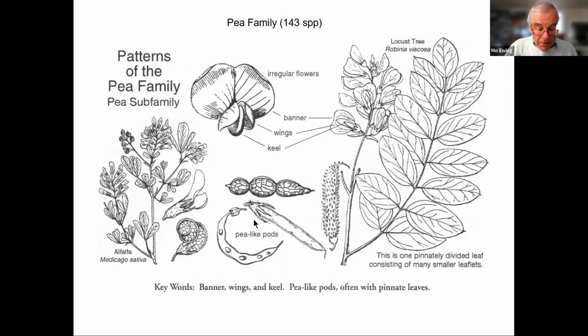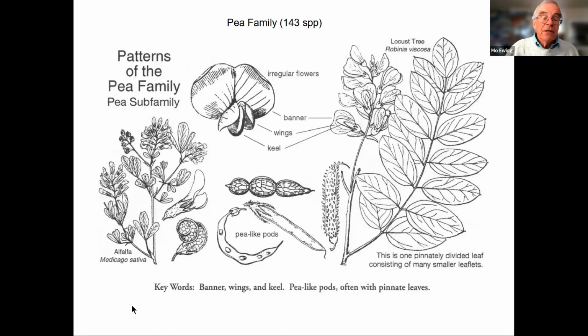Now this family is very complicated, and it has a wide variance in form.